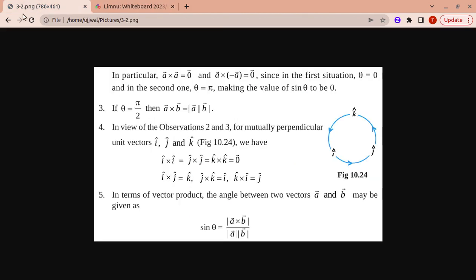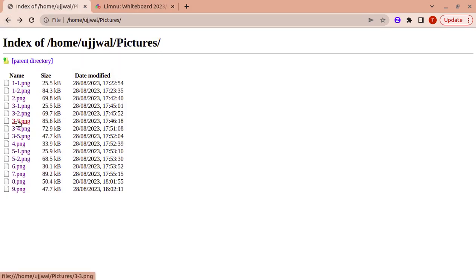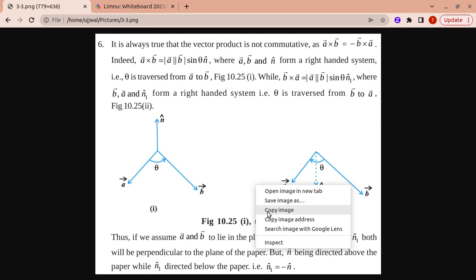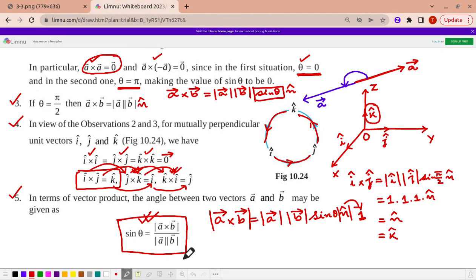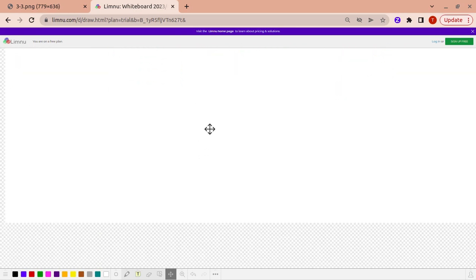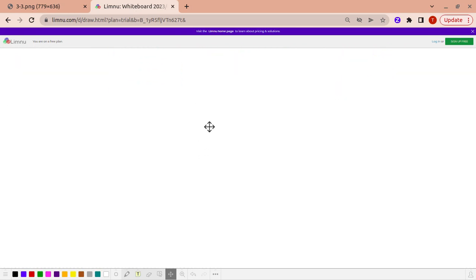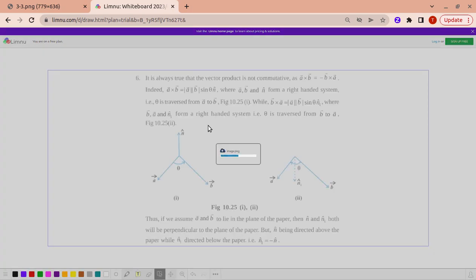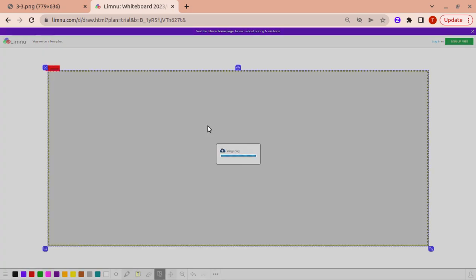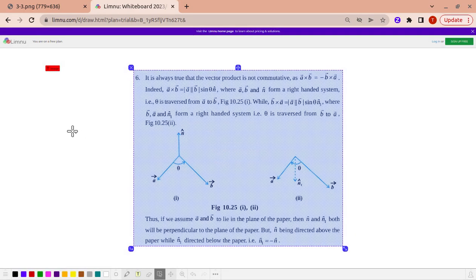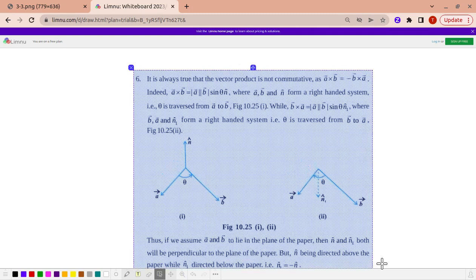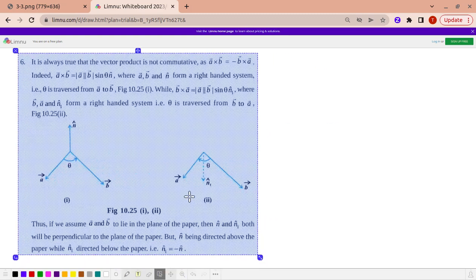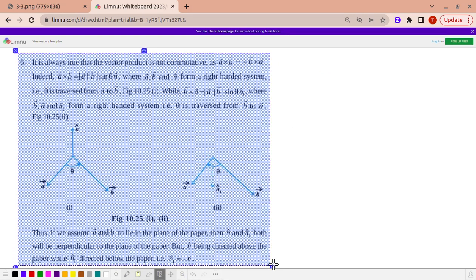Now, let us come to the next point: the non-commutativity of vector product. Vector products are not commutative. a cross b is equal to minus b cross a, which makes the conclusion that a cross b is not equal to b cross a.